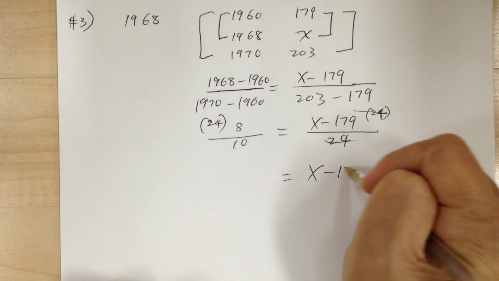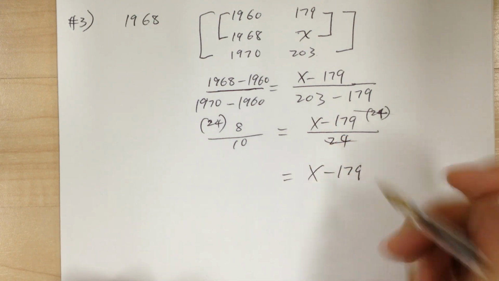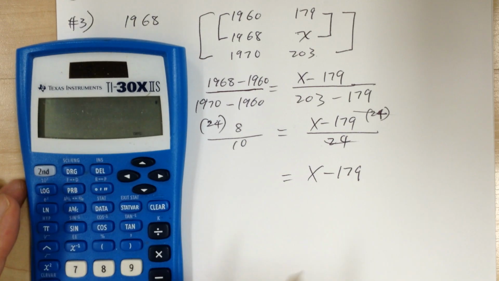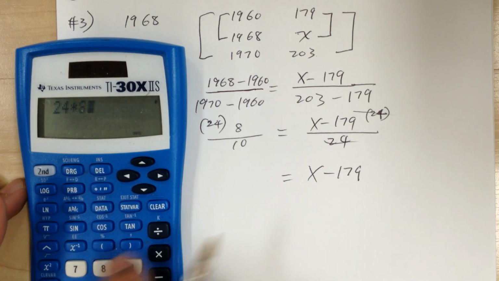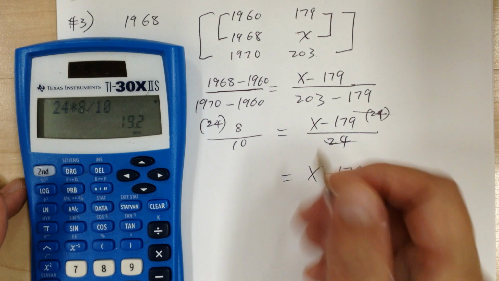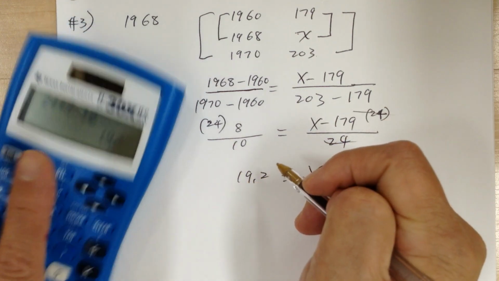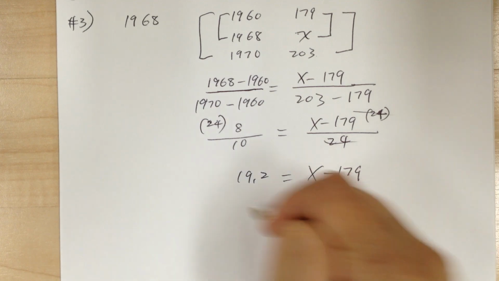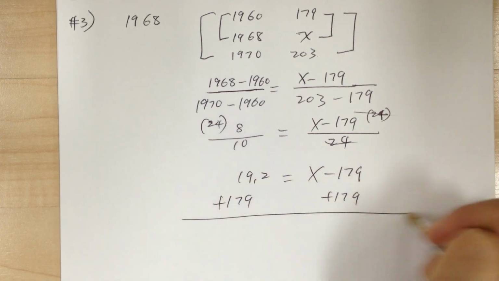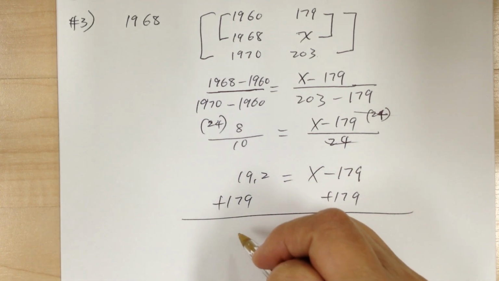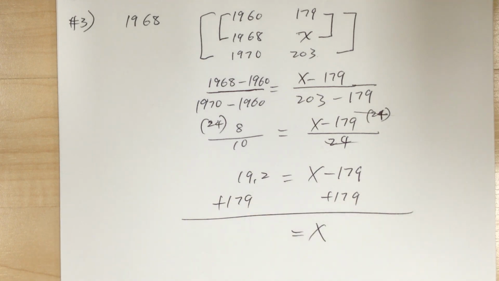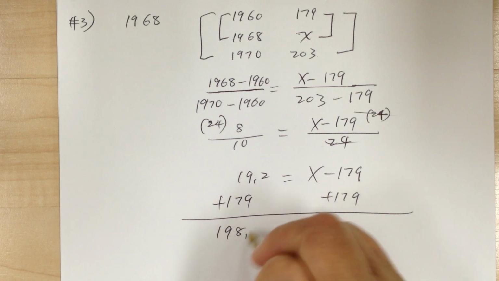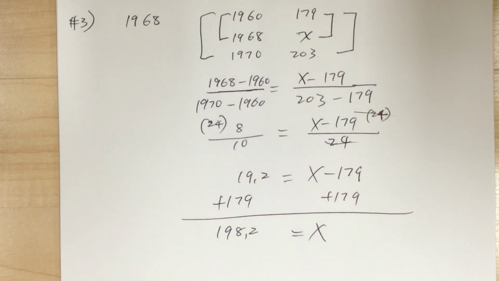So I get x minus 179 equals, get your calculator, 24 times 8 divided by 10, so 19.2. After that you just add 179 to both sides. So x will equal 198.2.